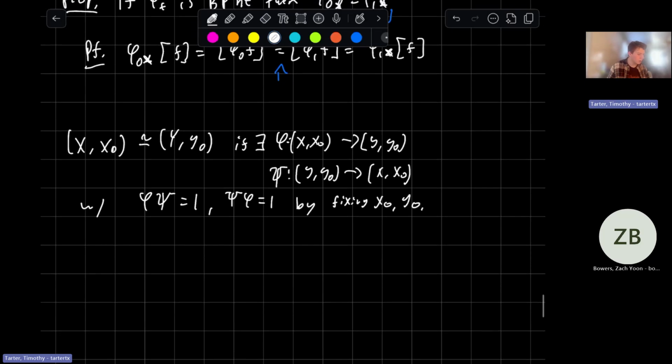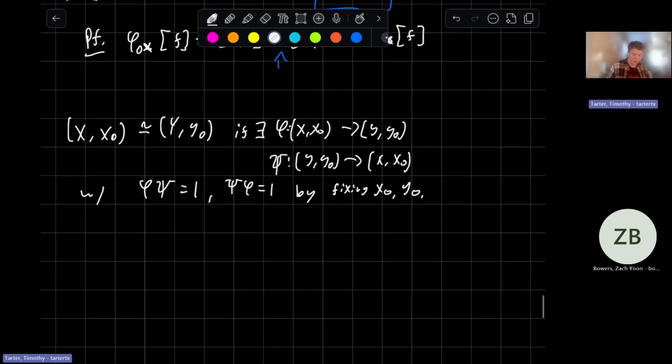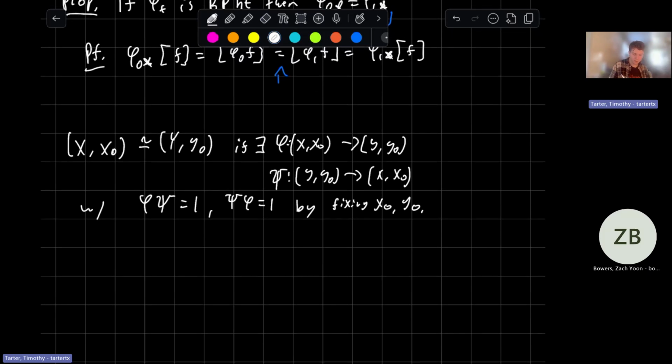Likewise, these are inverse isomorphisms between fundamental groups when we think of the star. So phi star and psi star are inverse isomorphisms of pi 1.